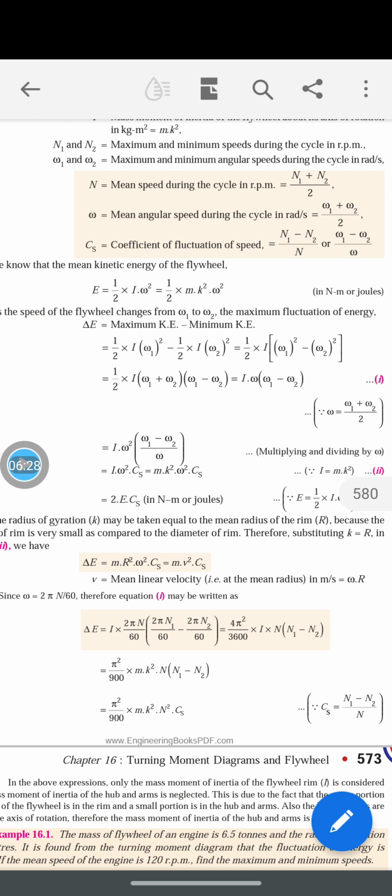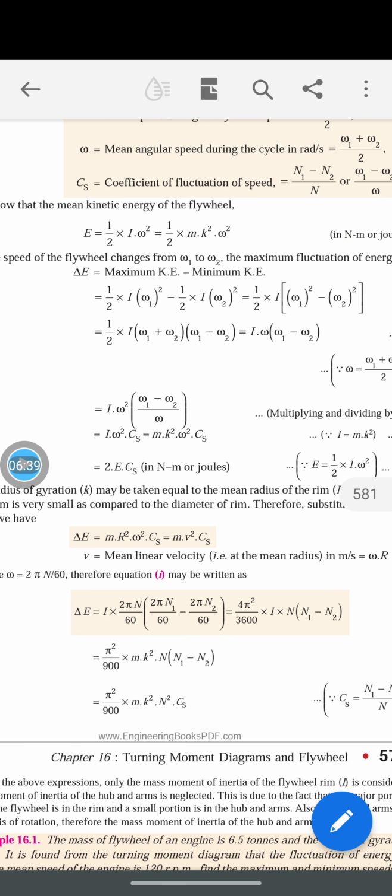So the maximum fluctuation of energy delta E, in terms of kinetic energy, is equal to maximum kinetic energy minus minimum kinetic energy. The final formula for delta E is I omega square (omega 1 minus omega 2) by omega. It can also be written as I omega square Cs, because the Cs formula is (omega 1 minus omega 2) by omega.